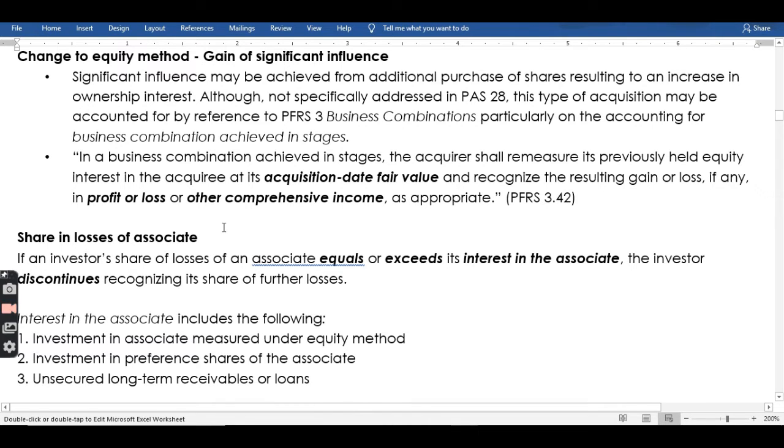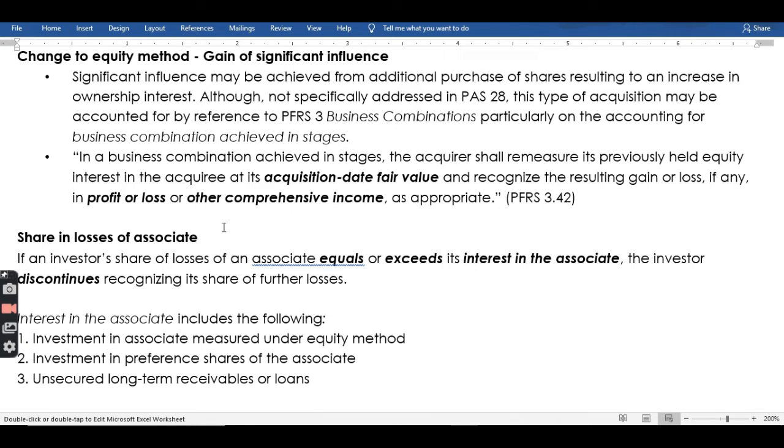So basically, ang ibig lang sabihin yan, ganito. Kapag step acquisition yan, or ibig sabihin nagkaroon tayo ng paunti-unting pagbili ng shares or ng voting rights doon sa isang entity, ang mangyayari dyan, kapag dumating ka na doon sa point na magiging associate mo na siya, kasi significant na yung ownership interest mo, ganito lang gagawin mo. Number 1, yung mga old na hawak mo before ka magkaroon ng significant influence, okay, i-remeasure mo siya at fair value.